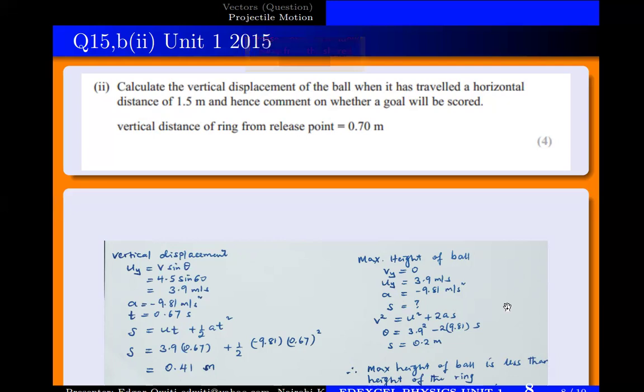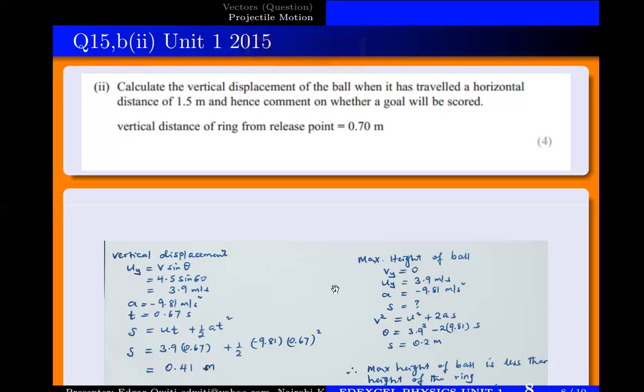Vertical distance of the ring from the release point is 0.7 meters. So what we need to do in this case, we have been given a horizontal distance of 1.5 meters, and so we are going to base our answer on the time.